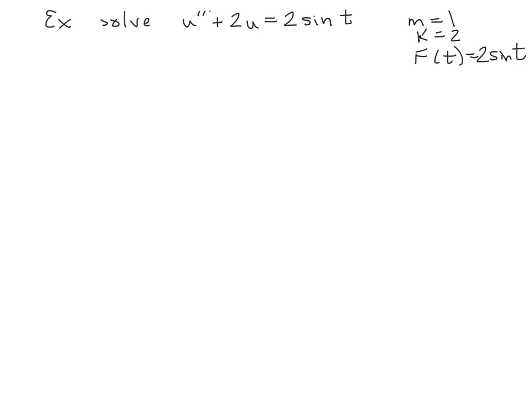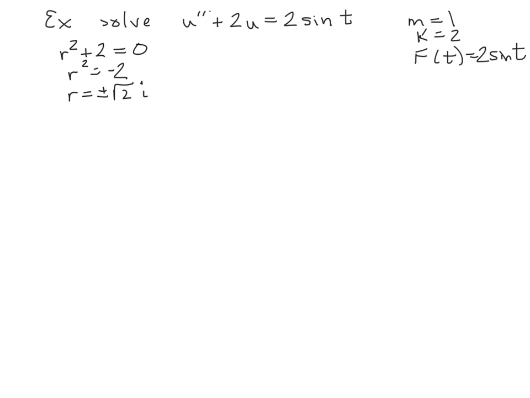All right, so in solving this, remember that with undetermined coefficients, we first have to solve the homogeneous equation. So that's where we take out this right-hand side of it, we ignore that, and we solve it equal to 0, and we do that with the characteristic equation. So r squared plus 2 is equal to 0, so r squared is equal to negative 2, and that would make r plus or minus the square root of 2 times i.